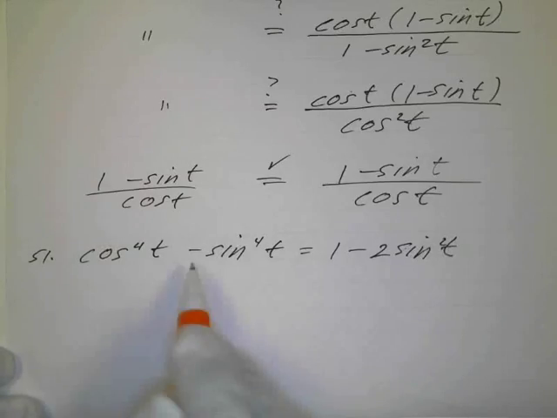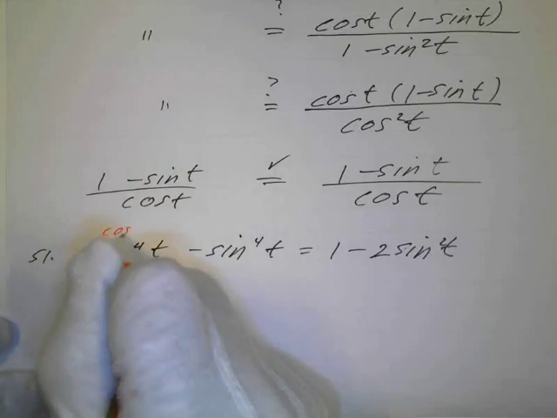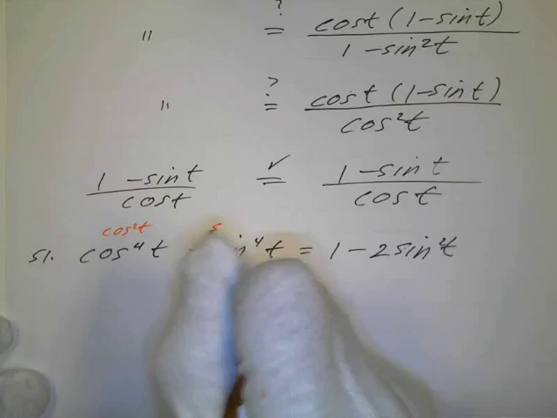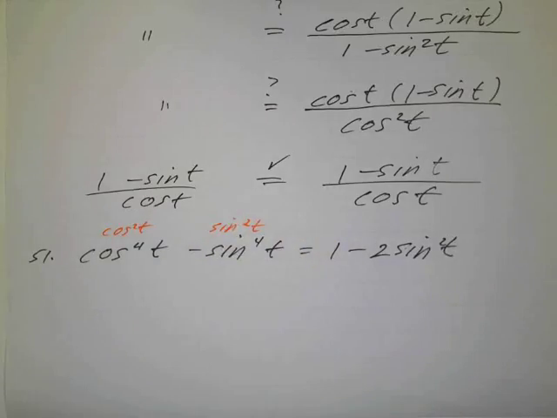All right, and again, this is a difference of perfect squares. I can see that right away, and the square roots of those will be the cosine squared of t and the sine squared of t.